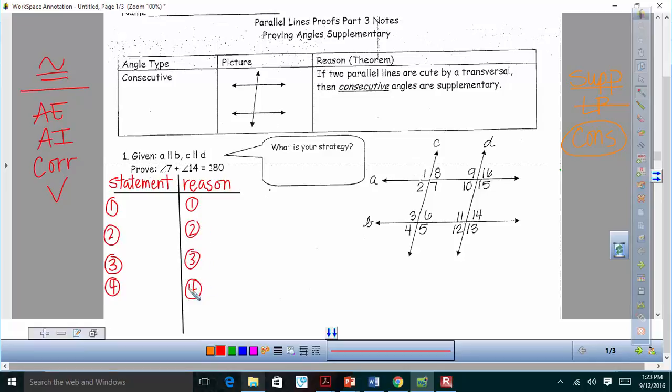Okay, so as a reminder of what consecutive is, my consecutive angles are going to be angles on the inside of the parallel lines on the same side of the transversal. So these two are consecutive, as well as these two are consecutive. Okay?